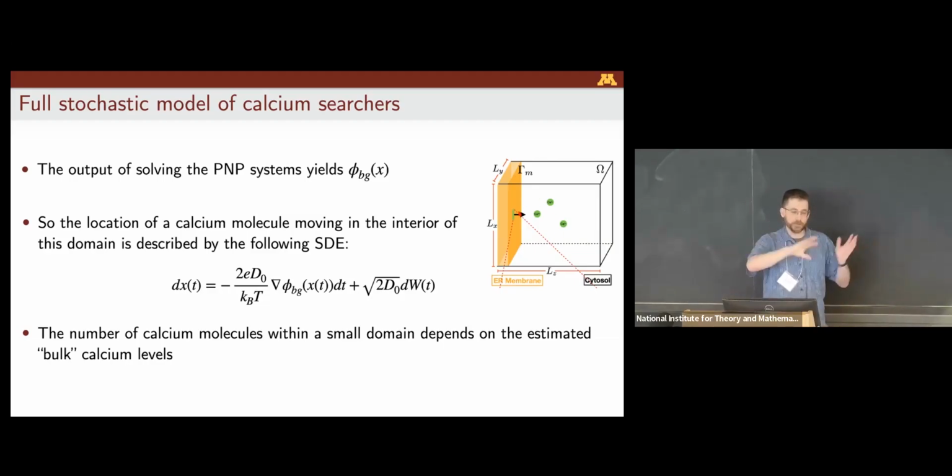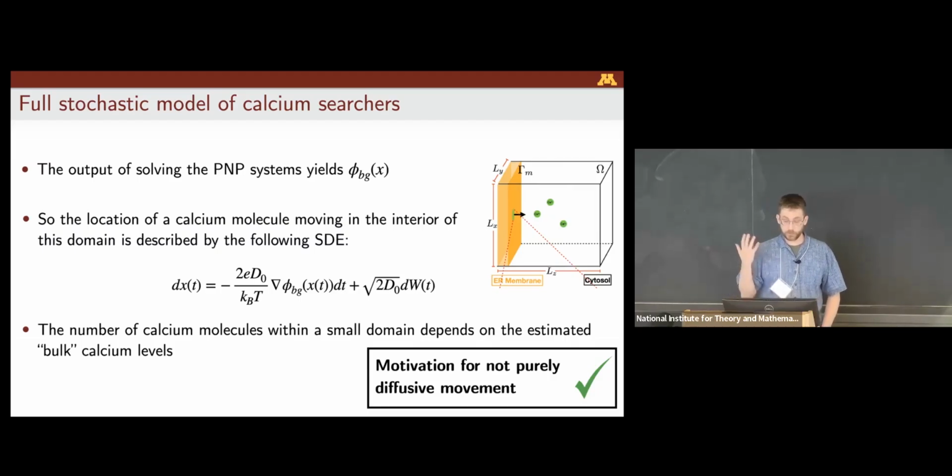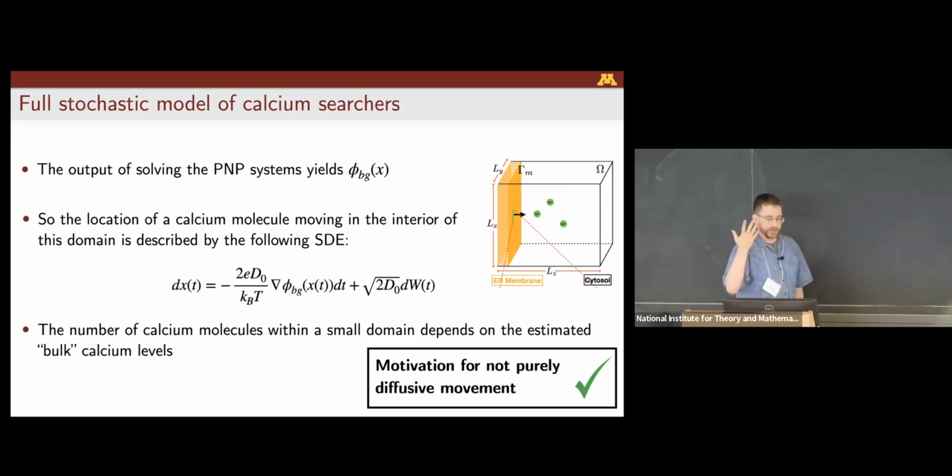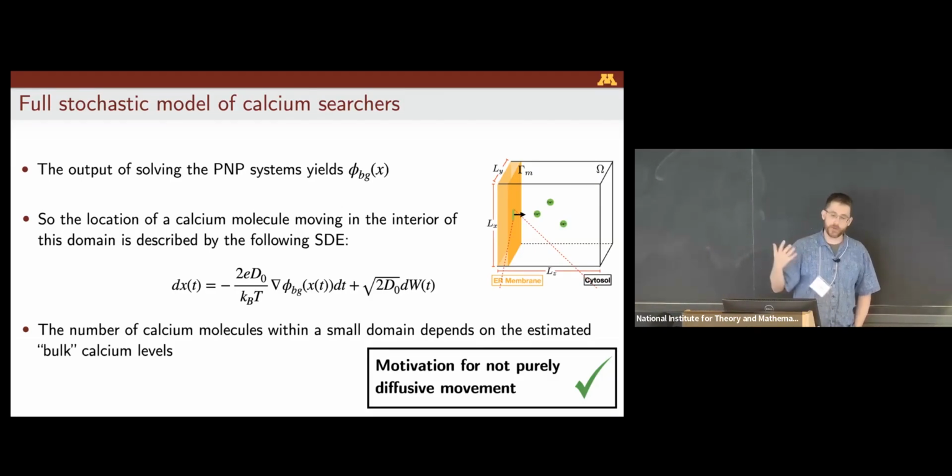I can assume that there are some bulk levels of calcium, some level of steady state. Like I said, it's small. There are a few free calcium diffusing in this space. So now I've made my life harder, but I'm not just adding this because I want to, but because it is very much motivated by the underlying biology of the system.